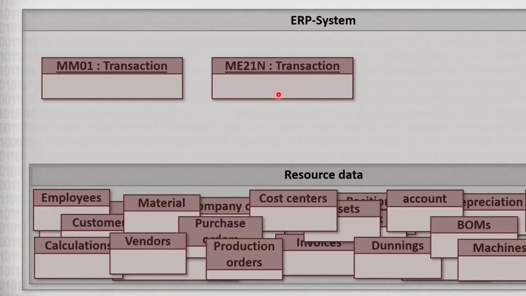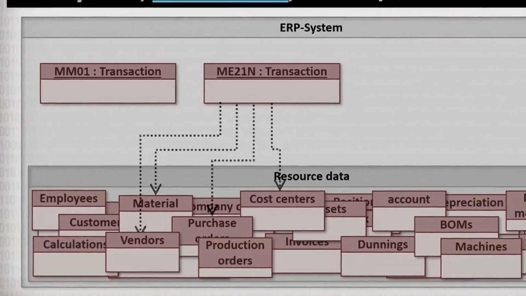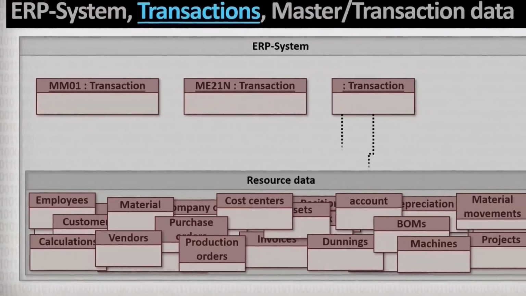That transaction accesses more than just the material data. Of course, purchase orders, supplier data, and cost centers are accessed too, because someone has to deliver the screw, and someone also has to bear the costs for the screw. In addition to the transactions for defining materials and creating purchase orders, there are, as I said, many more transactions.